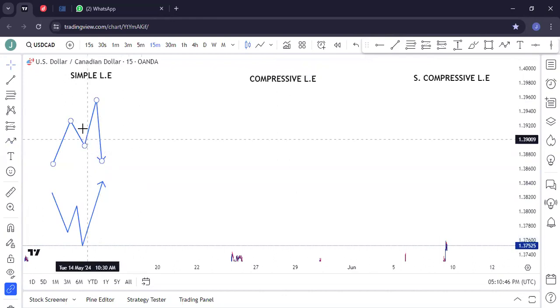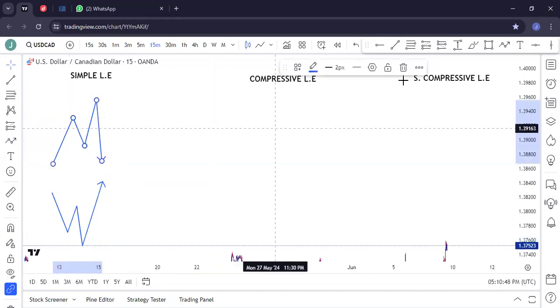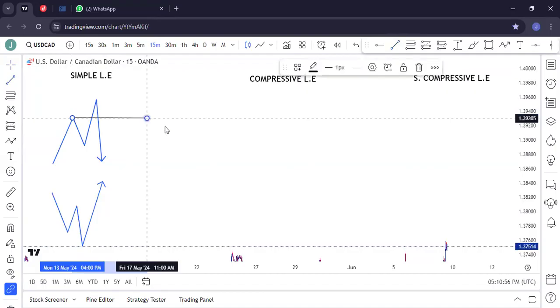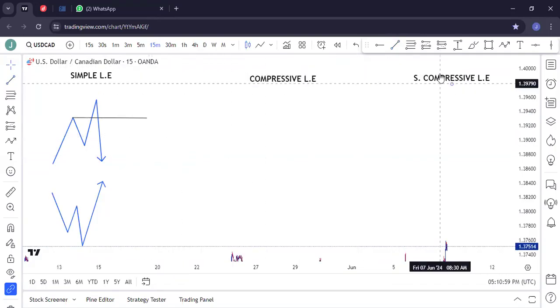So how do we point the entry point? In this type, this point here where the market breaks the structure is where we take our entry.